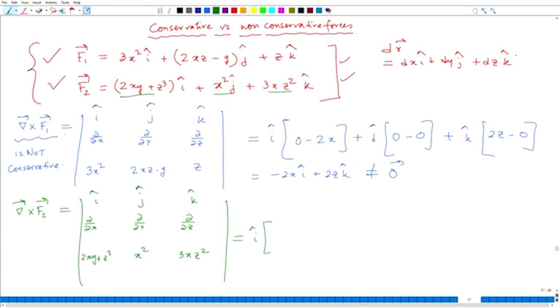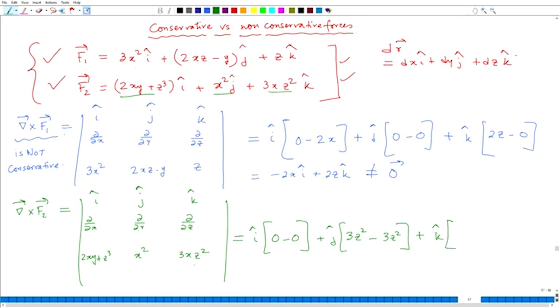The i cap component will be 0, since del del y of 3xz square is 0, and del del z of x square will also be 0, plus j cap. So, del del z of 2xy plus z cube will simply be 3z square, and then del del x of 3xz square will also be minus 3z square, plus k cap.